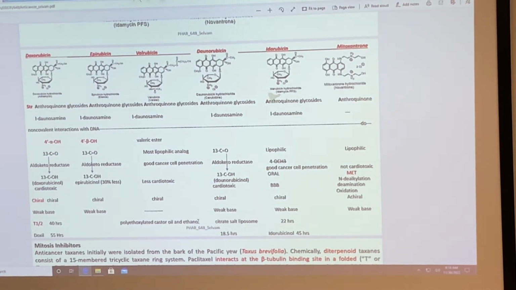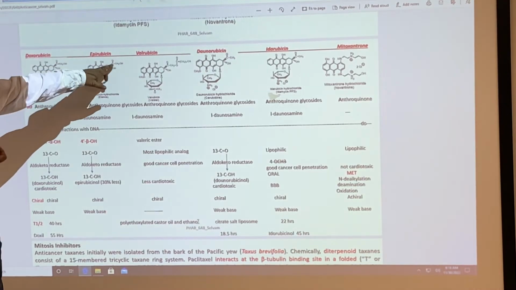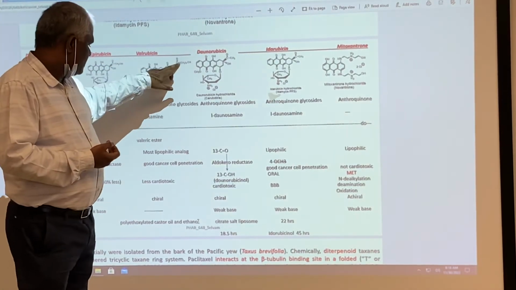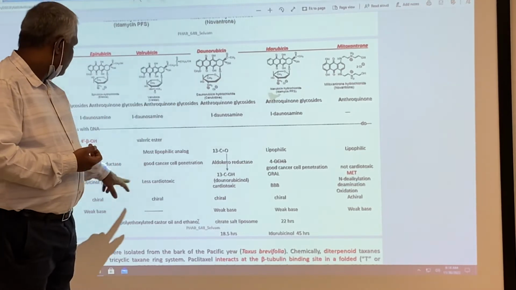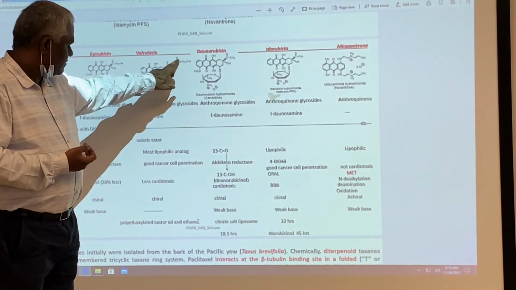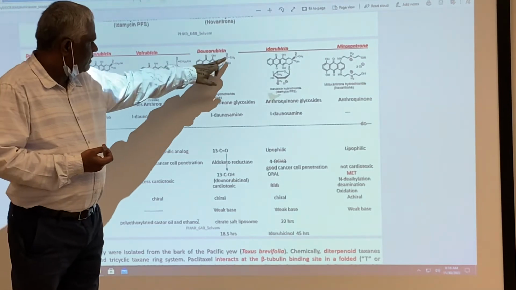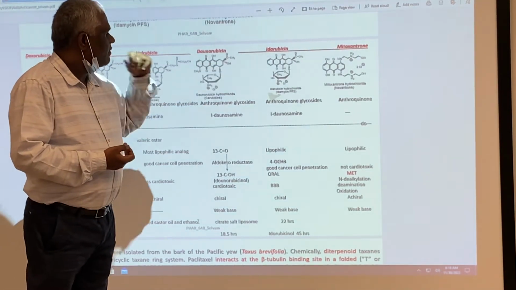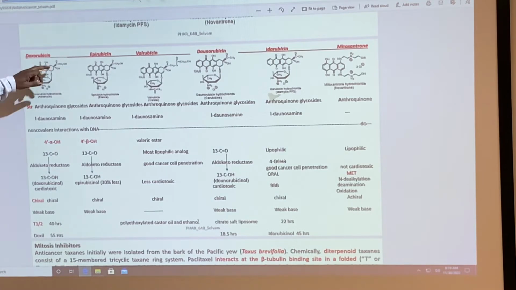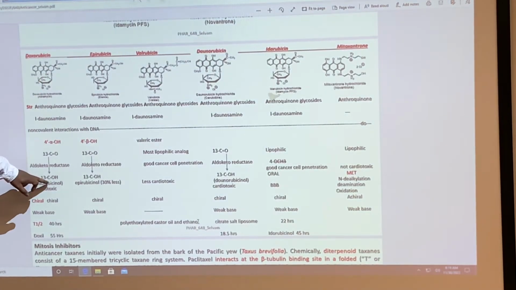One of the major drawbacks of this type of antibiotic is cardiotoxicity. The compound itself is not cardiotoxic; the metabolite is cardiotoxic. We have a keto functional group here. It is not because of the valeric ester, the possibility is very small, but this keto group is metabolized to the hydroxy analog.